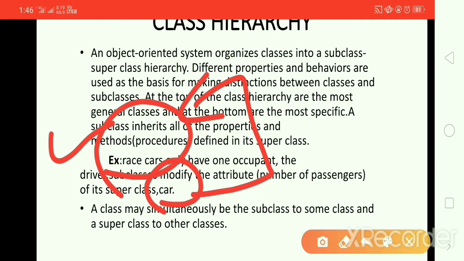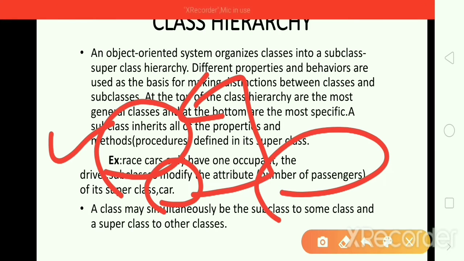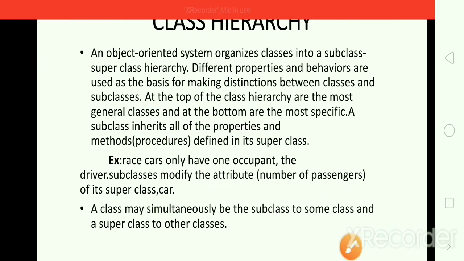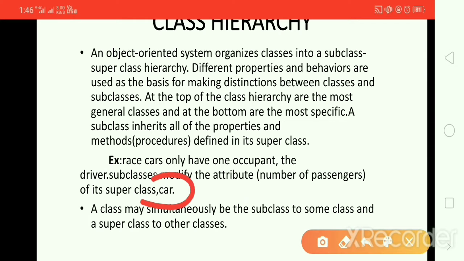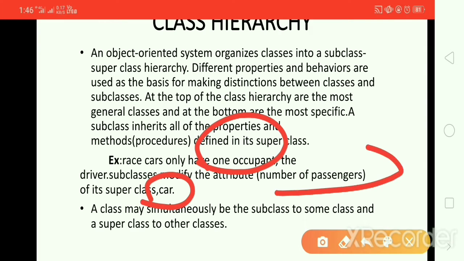In the superclass we can have a number of passengers, but in the subclass we can have only one occupant, that is the driver. So it inherited all the properties of the superclass, but again it modified the required property, that is it can have one occupant, one driver. It removed the remaining feature.